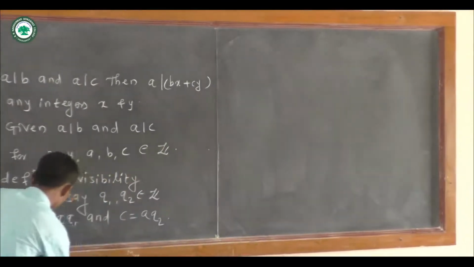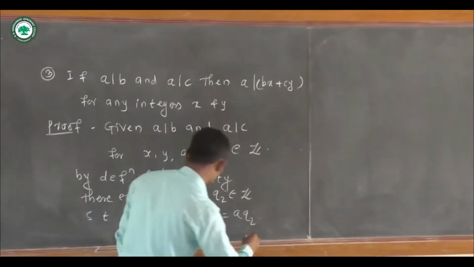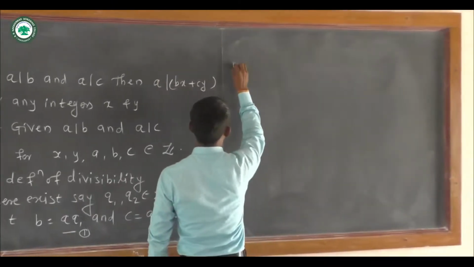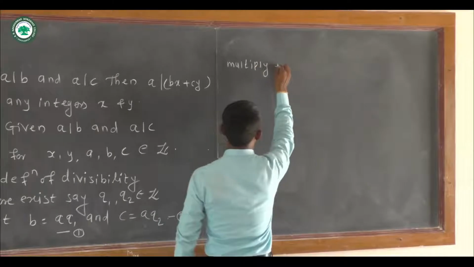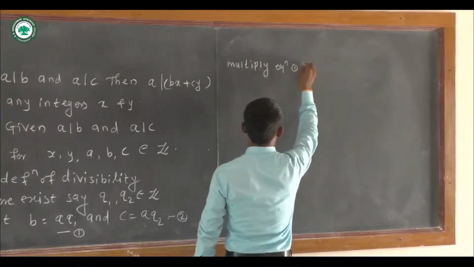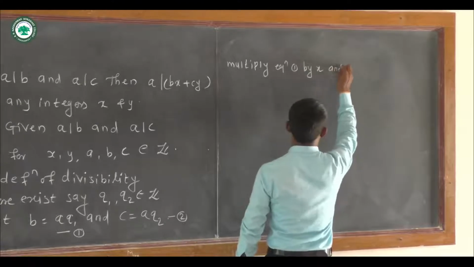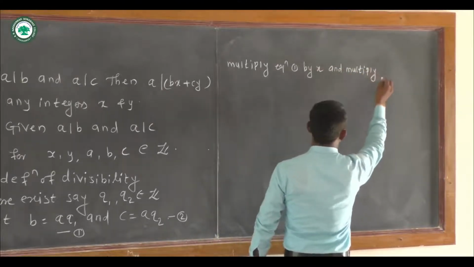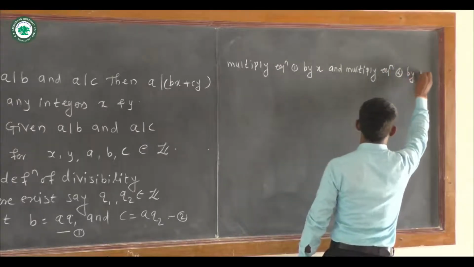Say b is equal to a into q1, equation number first, and c is equal to a into q2, equation number second. Now multiply equation 1 by x and multiply equation 2 by y.